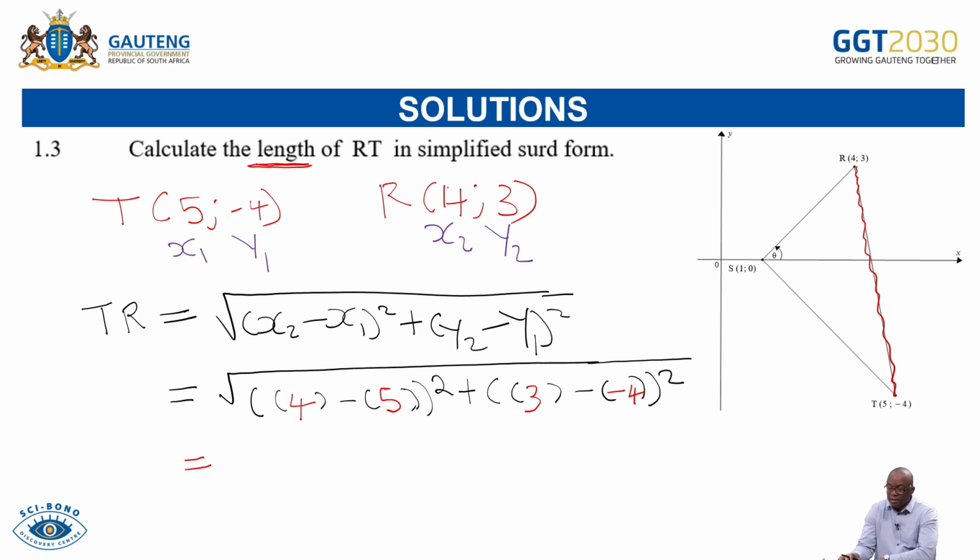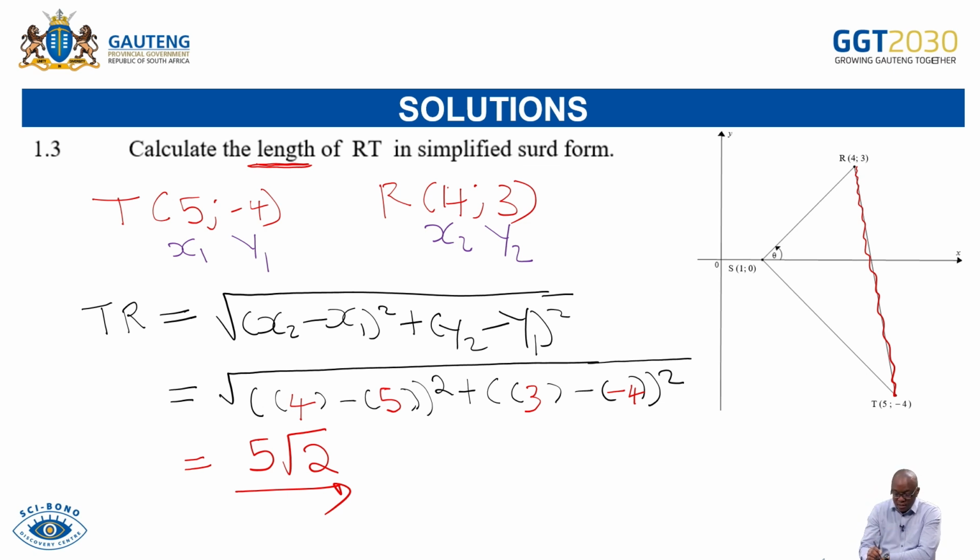Then from there, you use your calculator to get your answer. After you have punched it in your calculator, we are getting 5 root 2. We're getting 5 root 2 as our answer.